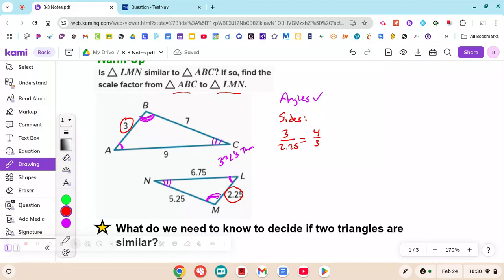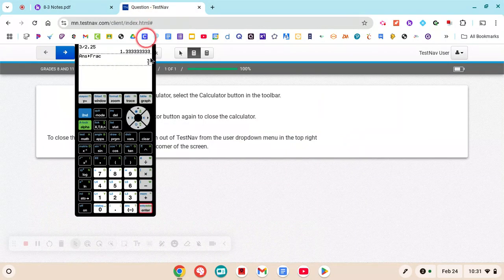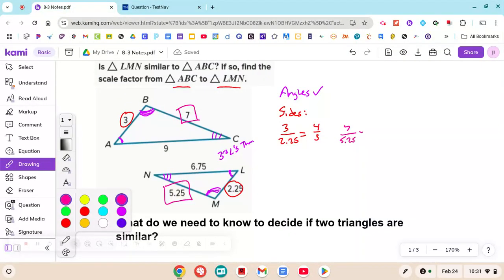Then we just keep working our way around our shape. I'm going to try the 7, that's the medium length, and 5.25, that's the medium length. So we'll do 7 over 5.25. Do the same thing: take 7 divided by 5.25, then hit math, fraction, enter, enter, and we get 4/3.